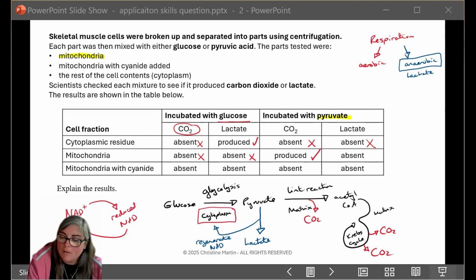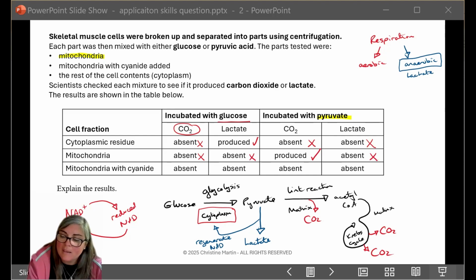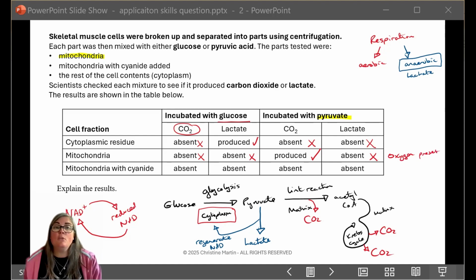And obviously with the pyruvate, the lactate isn't actually present, and that's because again, we don't have the NAD being reduced and not able to go to oxidative phosphorylation. So we can expect that there is oxygen present, and therefore that is able in the mitochondria to go to the cristae for oxidative phosphorylation. So we wouldn't expect lactate to be produced because we can have oxidative phosphorylation.